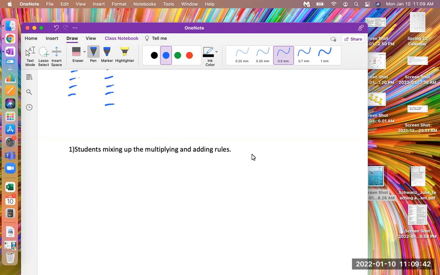And I was going to mention that one of the big common errors of students is to mix up the rules that we have for multiplying and dividing integers with the rules we have for adding integers. I wanted to make a really big point here that those two are totally different things, and we need to stay really alert about that.